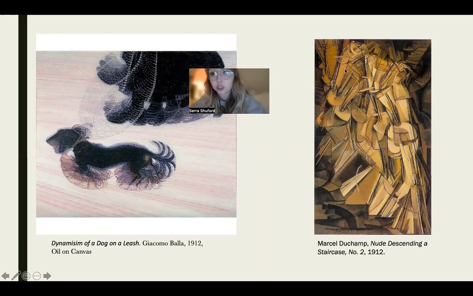Another example is Marcel Duchamp's Nude Descending a Staircase, where we have fragmented stills paired together to show that there's this movement happening. This one's a little bit more abstract, so I'd understand if you don't get it initially. There is a person supposed to be going down the stairs, but just imagine for a second that there is this body moving down the staircase, and we're capturing each little moment of that motion happening before us.